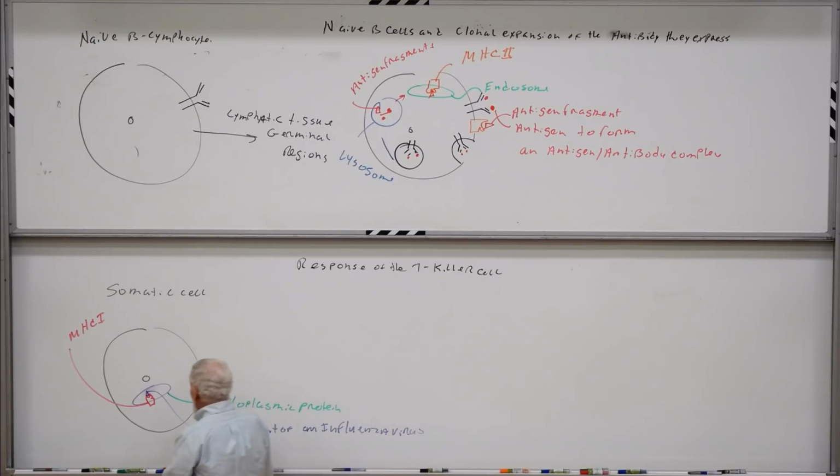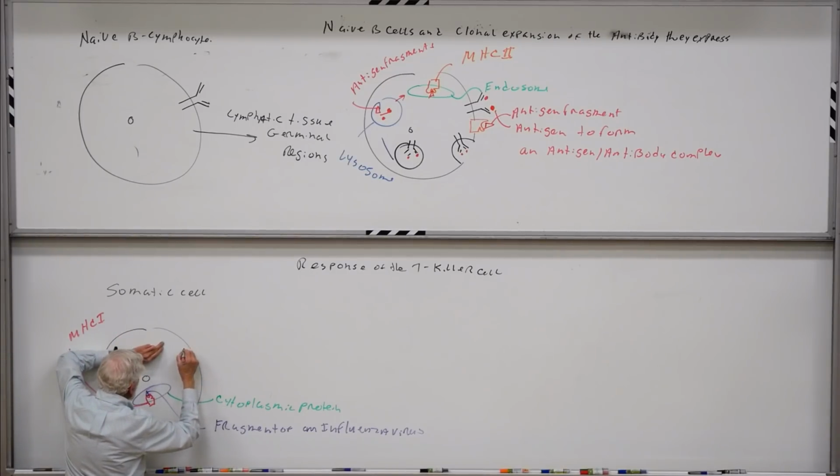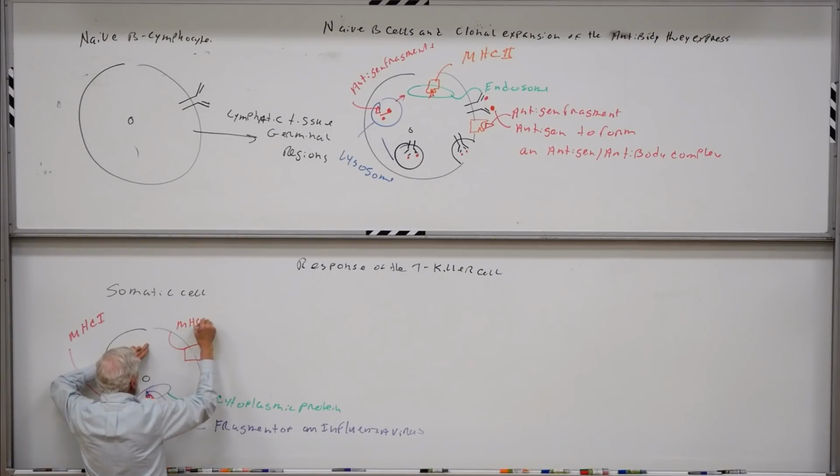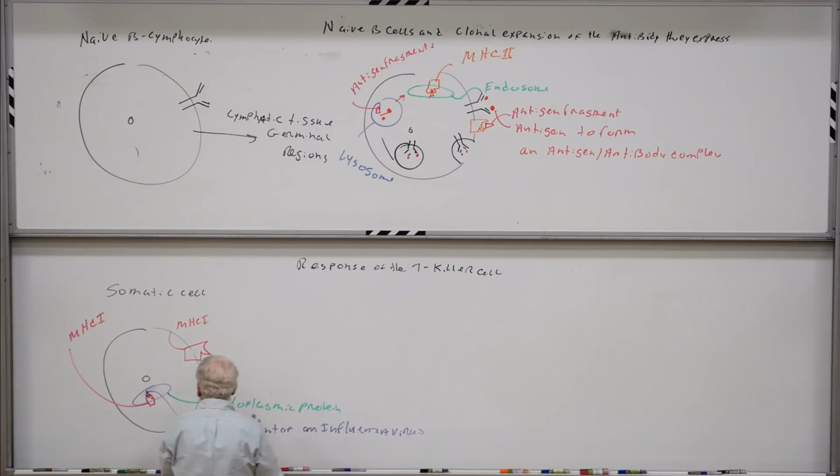And now I'll take you through the whole process here, but in the end, we have out here on the surface this transmembrane protein, the MHC1 protein, with a fragment, in this case, of viral protein. Now, normally this would be a self-protein, but in this case, we have a viral protein.